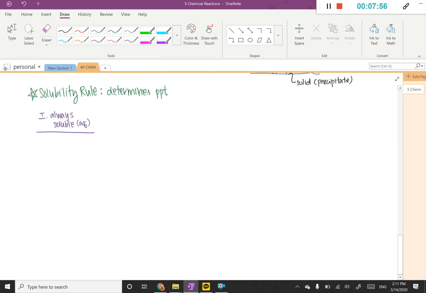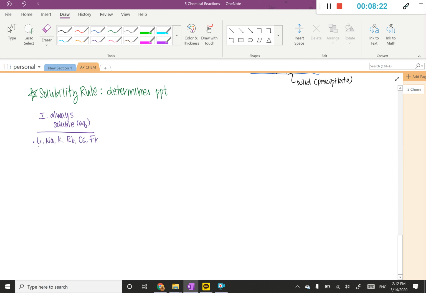Okay, so every time you have a compound that is paired up with any one of these, you will be an aqueous spectator ion, okay? And they happen to be anyone on the first column of the periodic table. So lithium, sodium, potassium, rubidium, cesium, and francium.